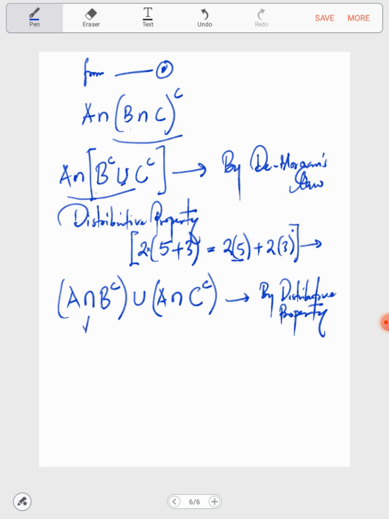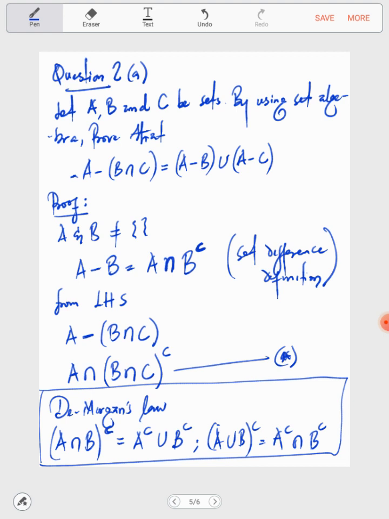Now recall what we defined our set difference as. We said this is nothing but A intersection B complement, this union A intersection C complement as well. So recall how we started. We started from this.